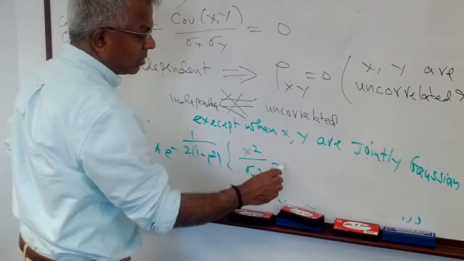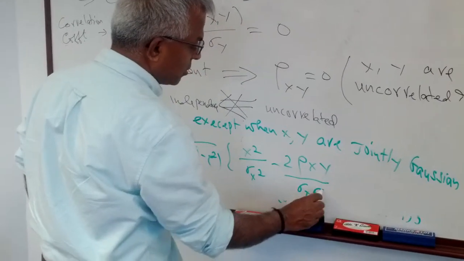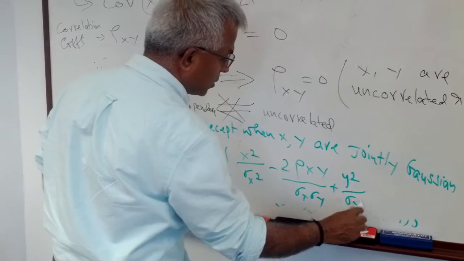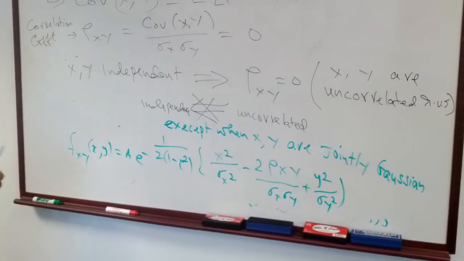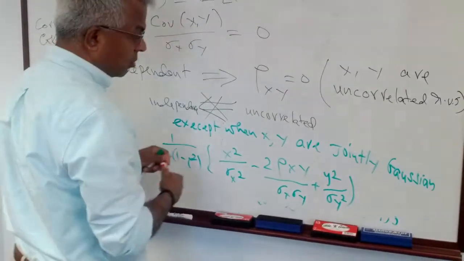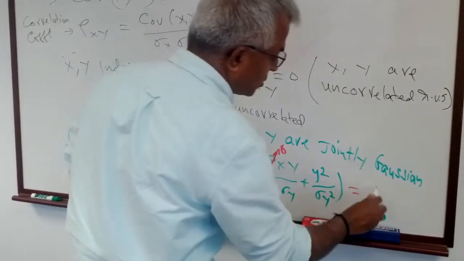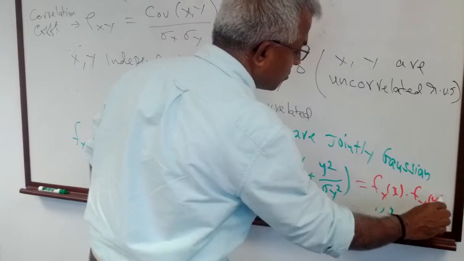Now, if they are uncorrelated, meaning rho is 0, then you can see that this simply becomes the density function of x multiplied by the density function of y.